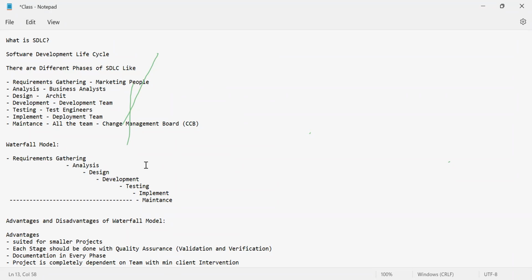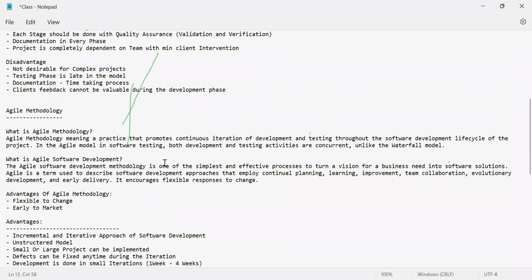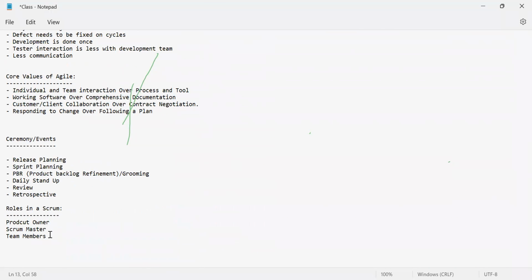So how many people are involved here? Marketing, analysts, architects, development team, but here we have only 3. Requirement gathering, analysis, design, most of it will be done by the product owner.